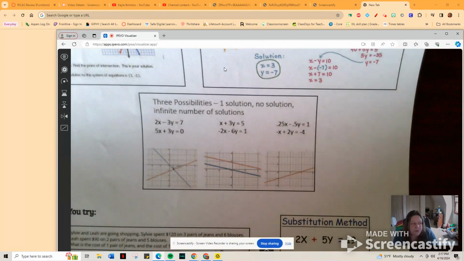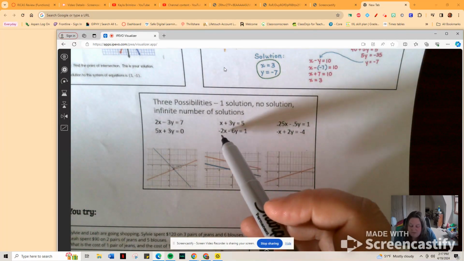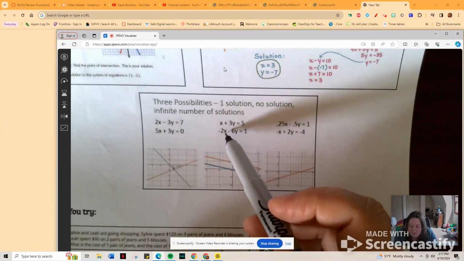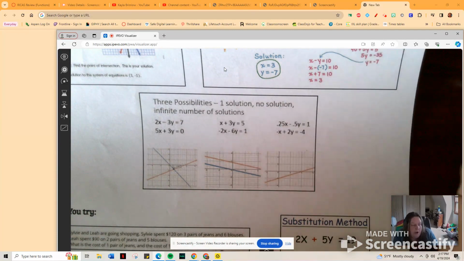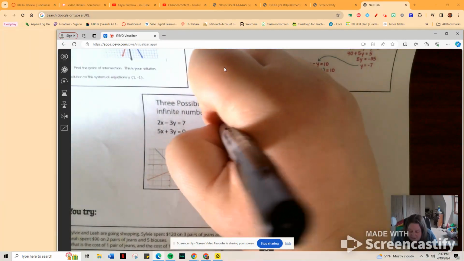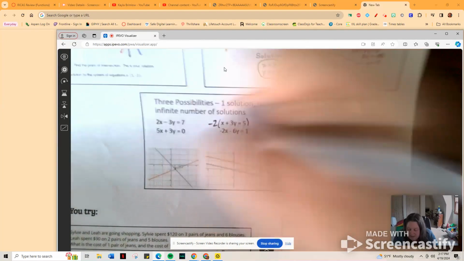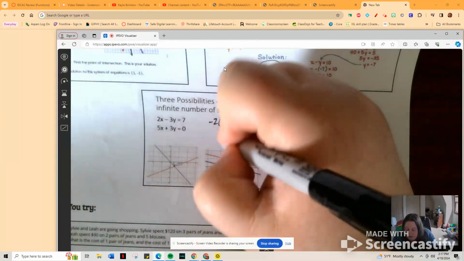When we have no solution, what you'll find is that it will have the same coefficient for x and y. Now, as I look at it right now, it doesn't, but I can change it so it does have the same. What I can do is multiply this top one by -2.